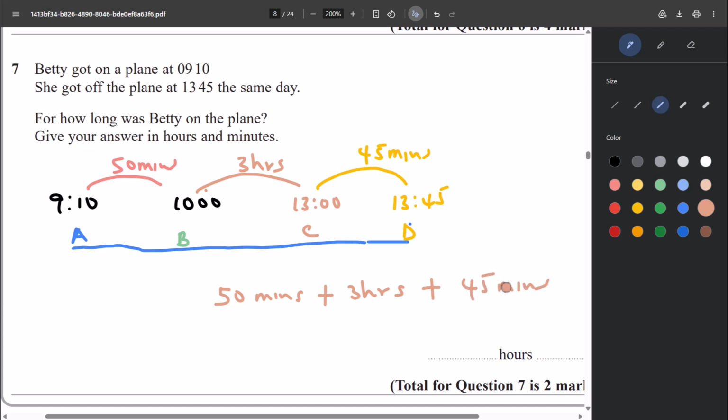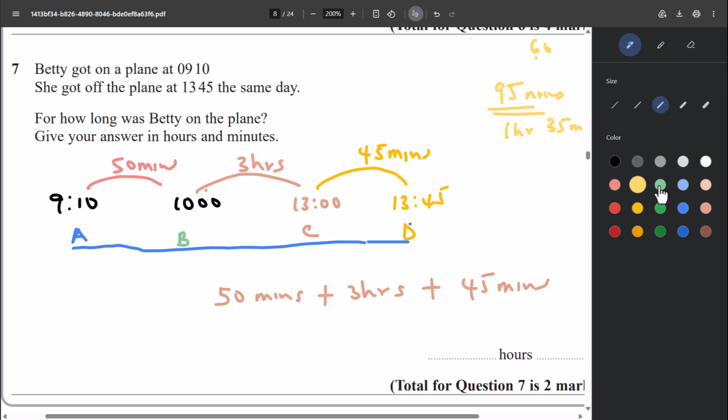If I add 50 and 45, that will be 95 minutes, and 95 minutes can be written as 1 hour, 60 plus 35, 1 hour 35 minutes here.